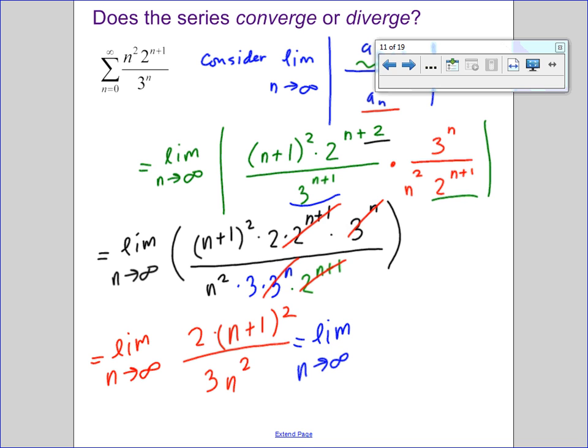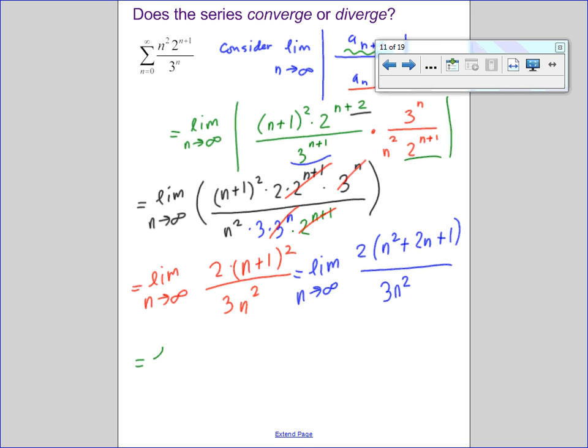We could just expand this and we get 2, what is that, n squared plus 2n plus 1 all over 3n squared. That in turn equals 2n squared plus 4n plus 2 all over 3n squared.